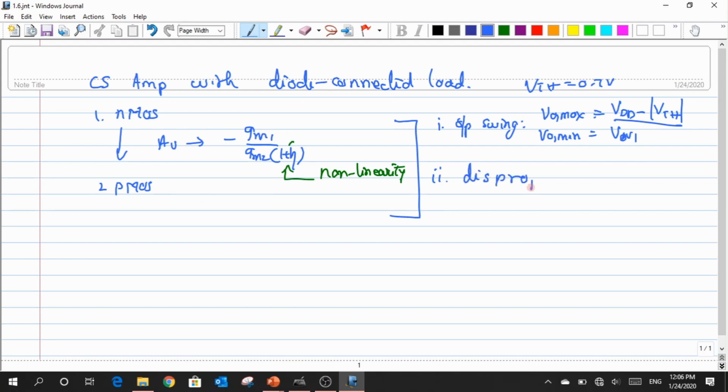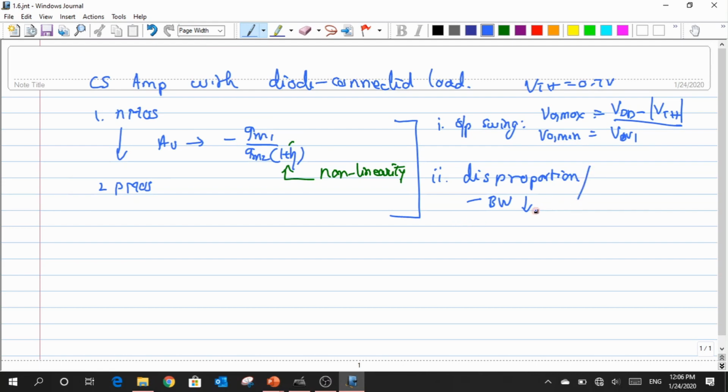So this was leading us to a disproportional sizing, and this disproportional sizing had some sort of bandwidth issue. This was our problem when I went for VOV1 equals VOV2. So we had disproportion in the W by L factor between the PMOS and NMOS, or between the load and the input device, and the input device has become too bulky, and that leads to some sort of reduction in the bandwidth of the circuit. Okay, so that is what we had.